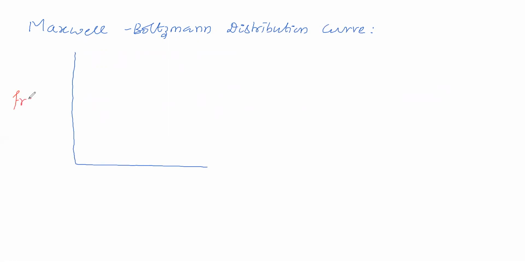One is fraction of molecules. Another one is velocity. So it gives the relation between a fraction of molecules and velocity.